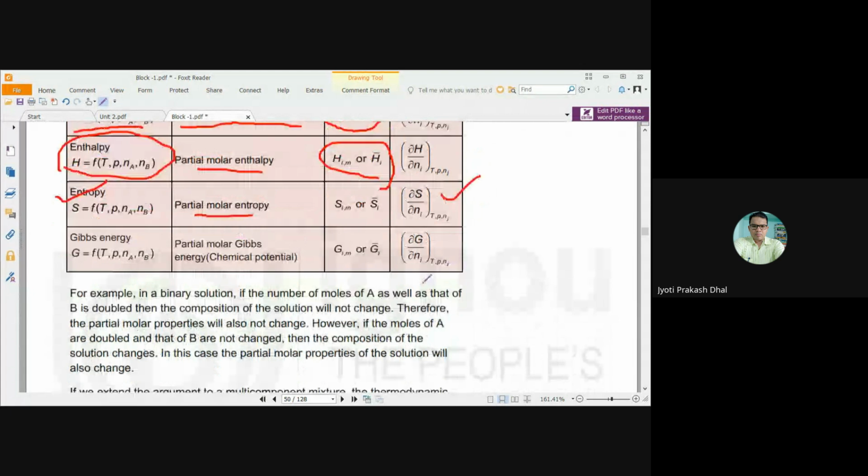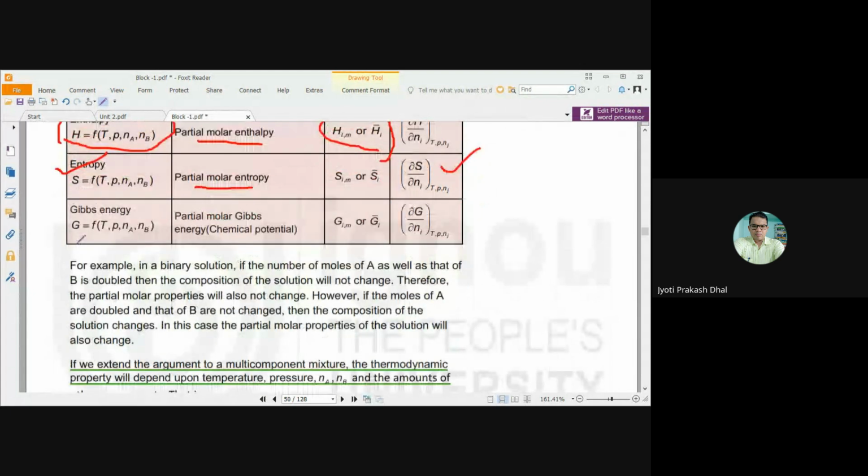And if we consider another extensive property, Gibbs energy, that is G, which is a function of temperature, pressure, number of moles of A and number of moles of B, then that is called partial molar Gibbs energy, and the other name of the partial molar Gibbs energy is chemical potential.